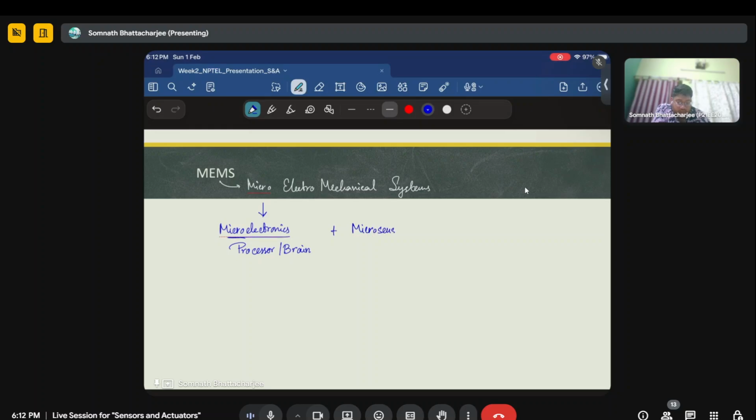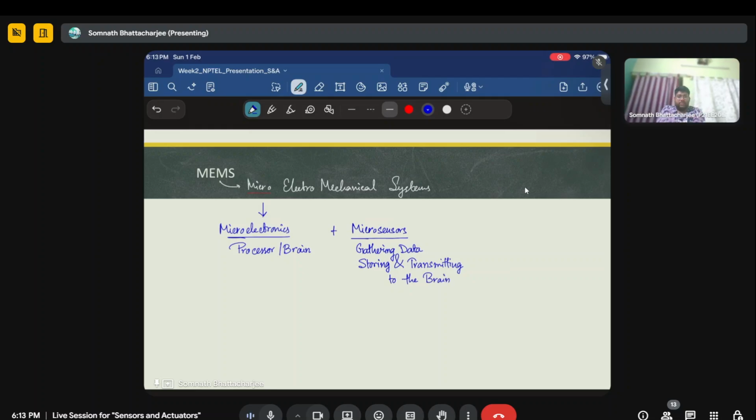So what are microsensors? These are basic sensors that are in micron sizes, so in the micrometer range. The main aim of these things is gathering data, storing, and transmitting to the brain.